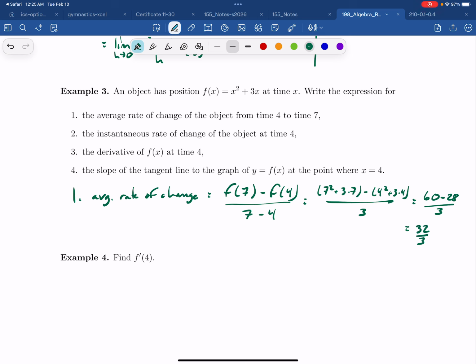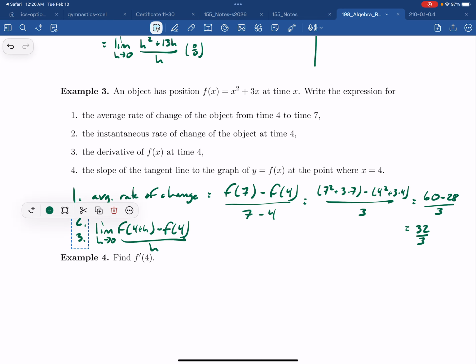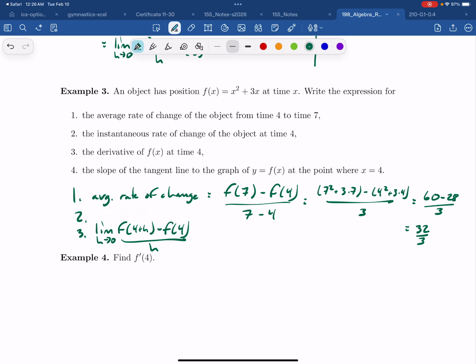The instantaneous rate of change is going to be the limit as h approaches 0 of f of 4 plus h minus f of 4, all over h. Actually, the derivative at time 4 is the same thing, and the slope of the tangent line at 4 is also the same thing.